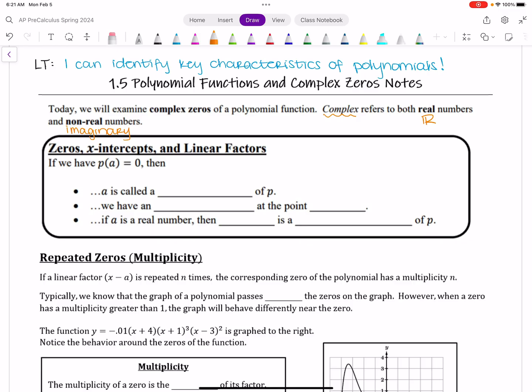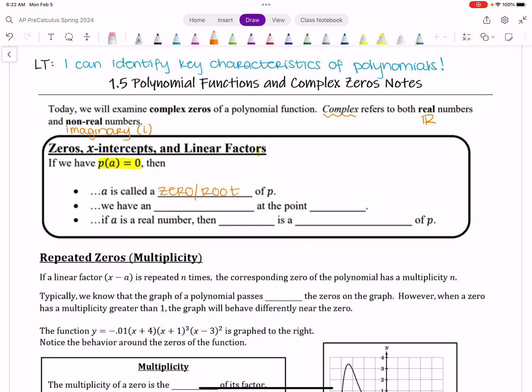And remember, if it's imaginary, it has to have i in it for the imaginary unit. So zeros, which are the same thing as x-intercepts, roots, solutions, and linear factors. So if we have p of a equal to 0, so some polynomial set equal to 0, then at x equals a, that will be a zero or a root of p.